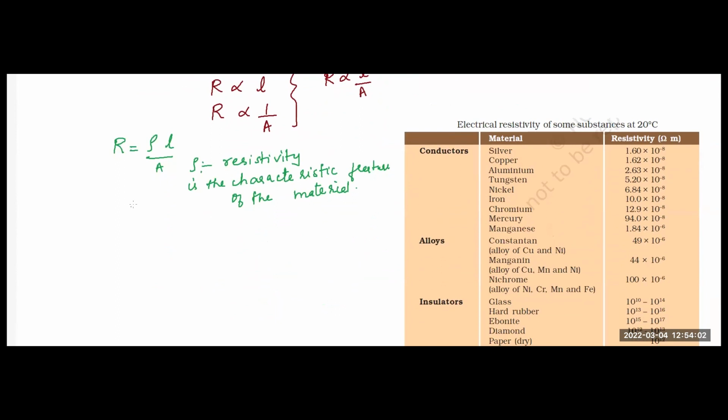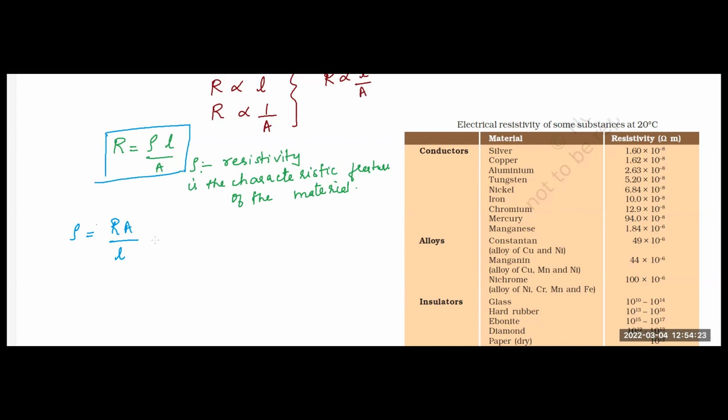So let us see what is the SI unit for resistivity. We can find it out by using this formula: rho is equal to RA by L, just by rearranging this formula.